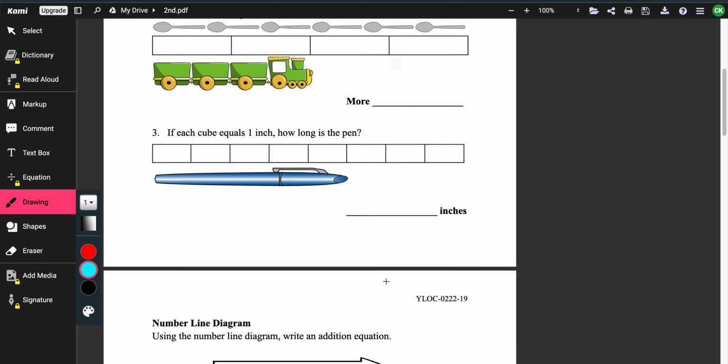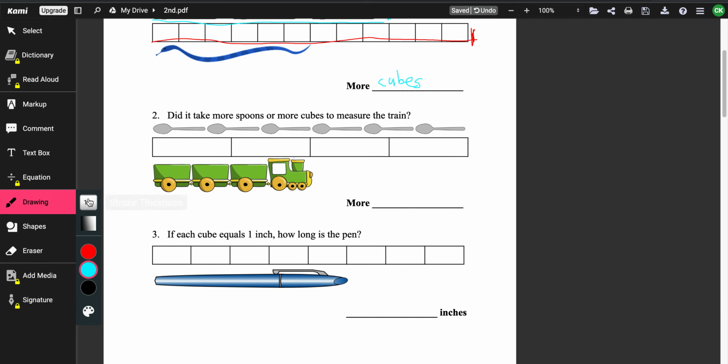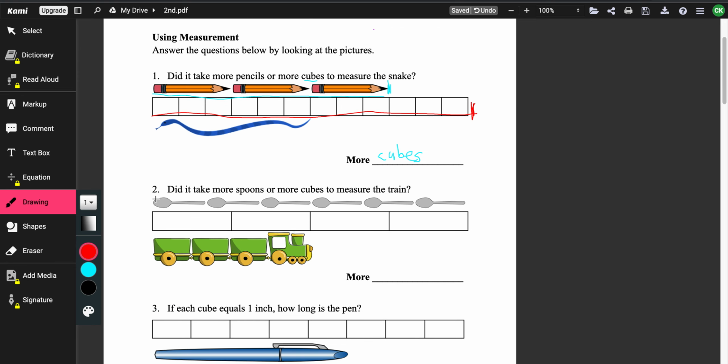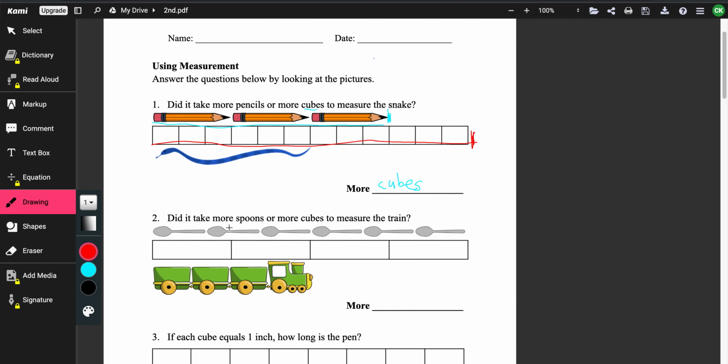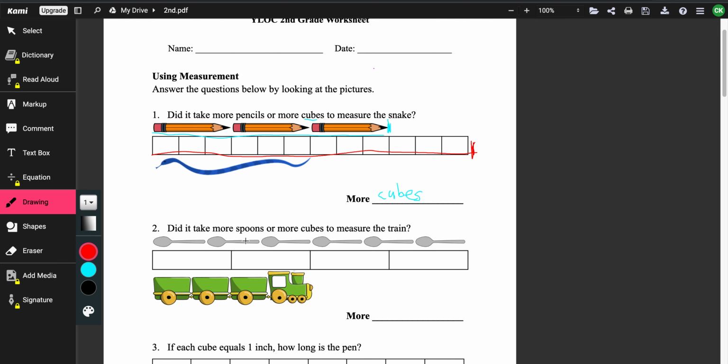Okay, let's take a look at number 2 as well. Looking at number 2, again, did it take more spoons or more cubes to measure the train? We can count the amount of spoons there are to measure the train.